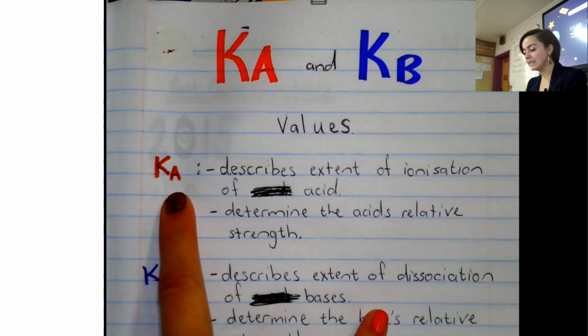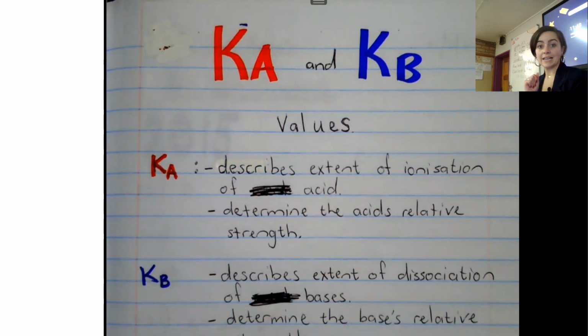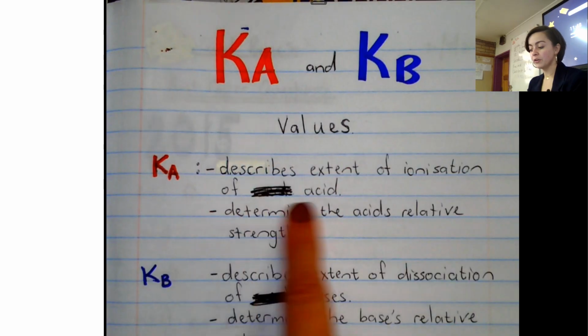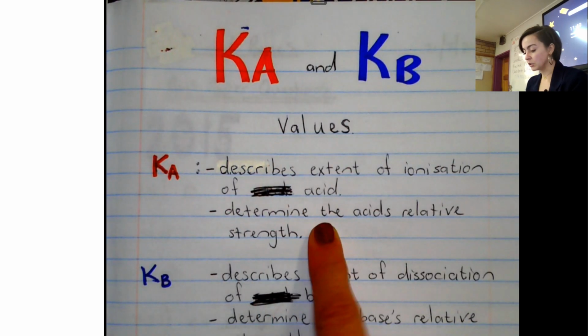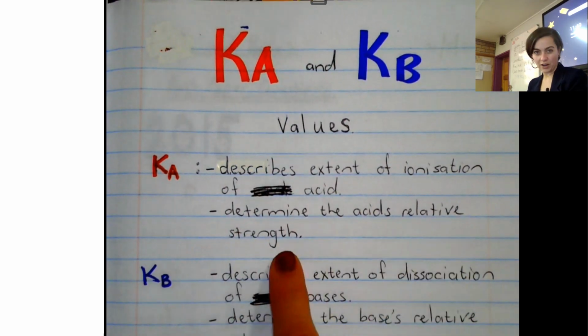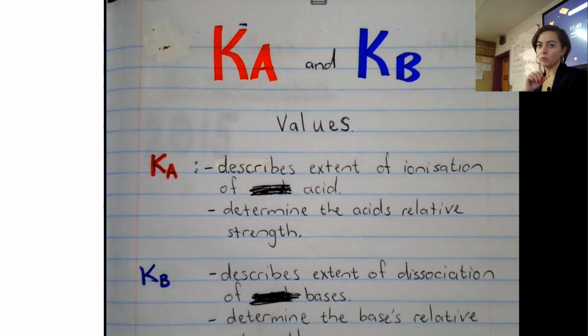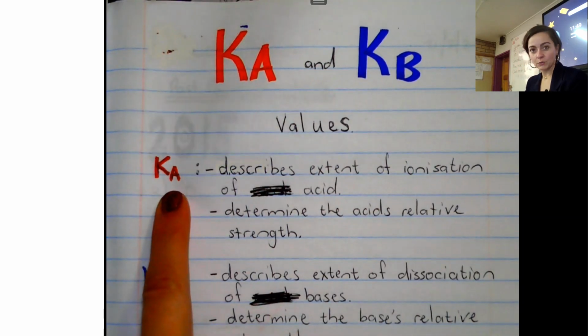So what is the equilibrium constant for an acid? It describes the extent of ionization of the acid. In other words, it determines the acid's relative strength. We have weak acids, but some weak acids are stronger than other weak acids, and that's what the equilibrium constant for acids will tell us.